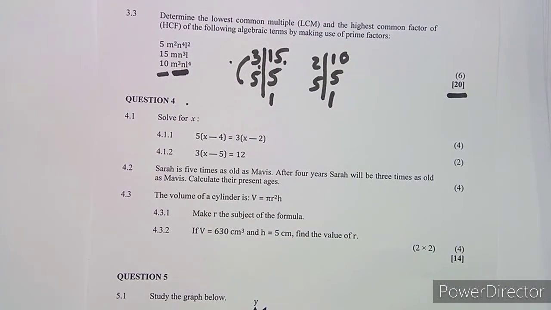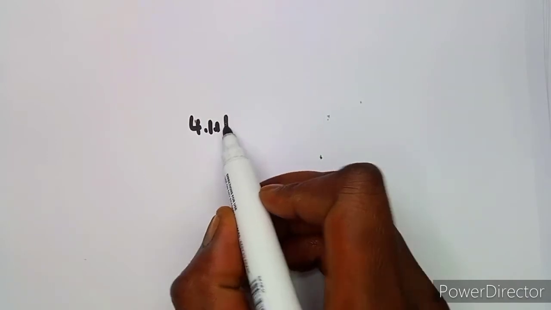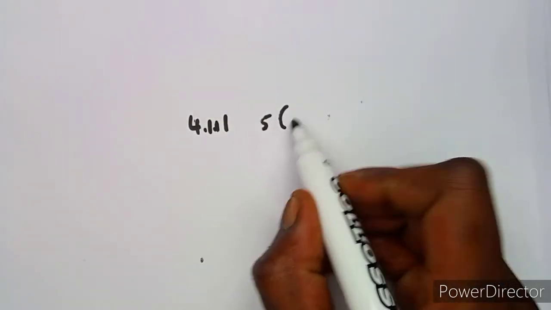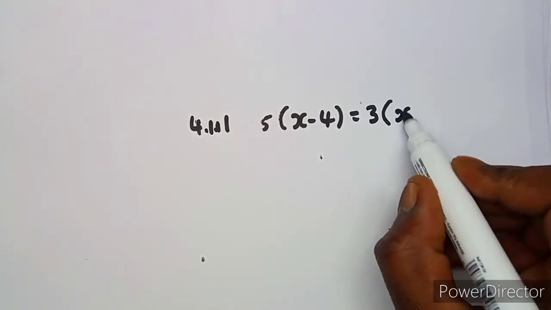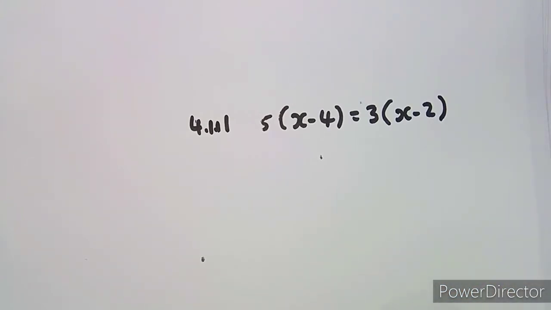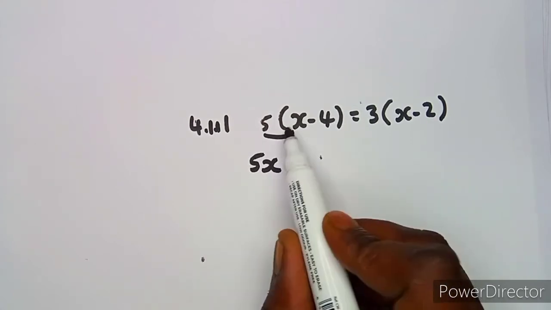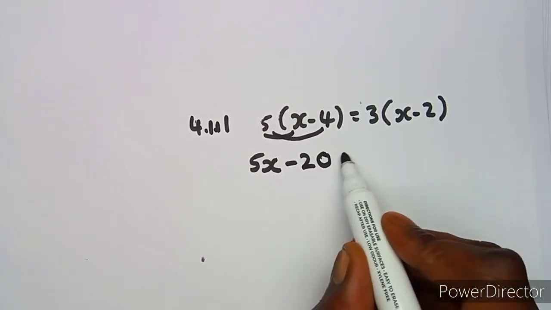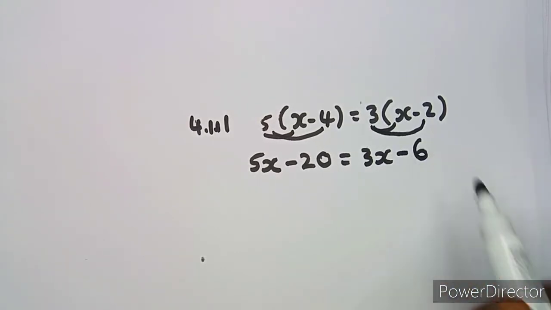So we just need to work on question papers and revisions so that you can understand this better. Okay, solve the equations for x. 4.11 is 5 into x minus 4, which is equivalent to 3 into x minus 2. It's a matter of expanding brackets. So 5 expands to 5x and 5 times minus 4, which is minus 20, and 3 expands to 3x and 3 times minus 2, which is minus 6.